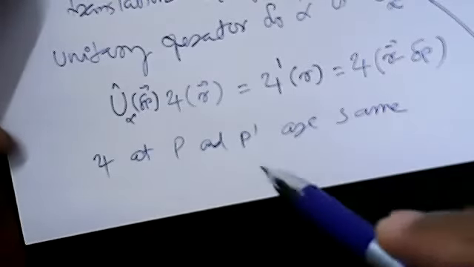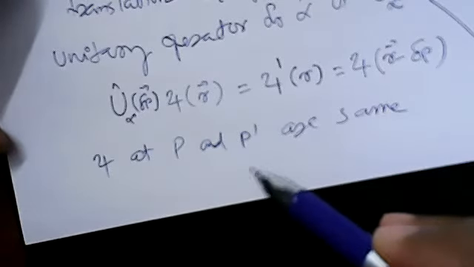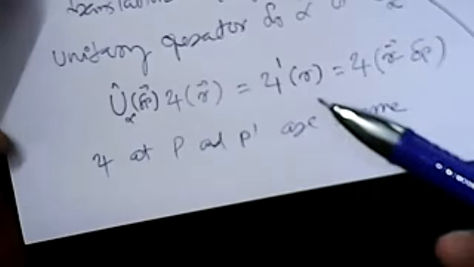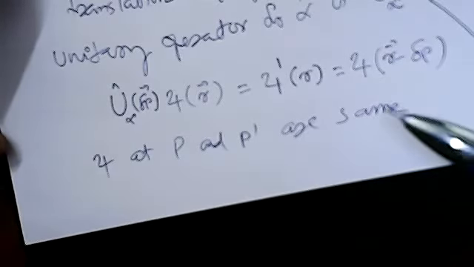Okay. Or you can interpret this idea in a different way. Wave function has maximum value at the p and p dash. At p also it is maximum, at p dash also it is maximum, like that. So wave function is same at p and p dash.